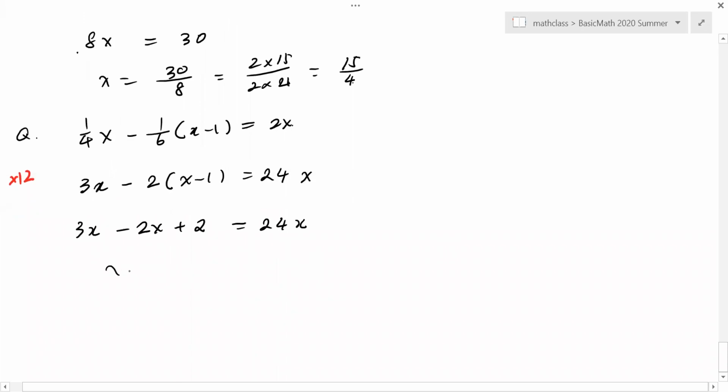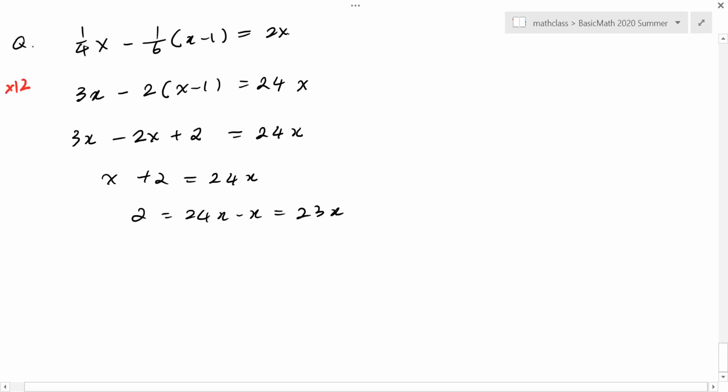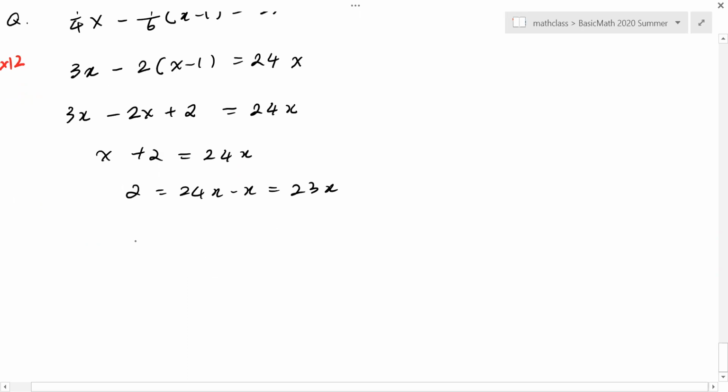And then you have x plus 2 equals 24x. Then you subtract x from both sides. It's 2 equals 24x minus x, which is 23x. So I never get a very large number, okay? So x is going to be 2 over 23. 2 over 23 is not going to be 11.5.